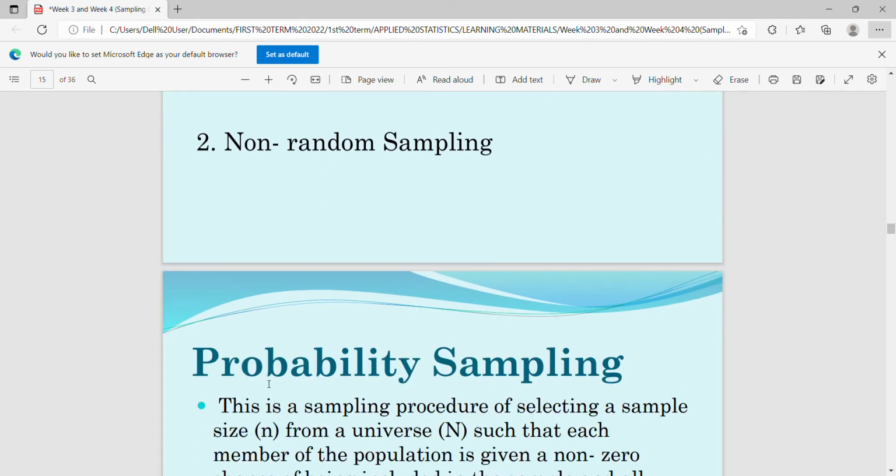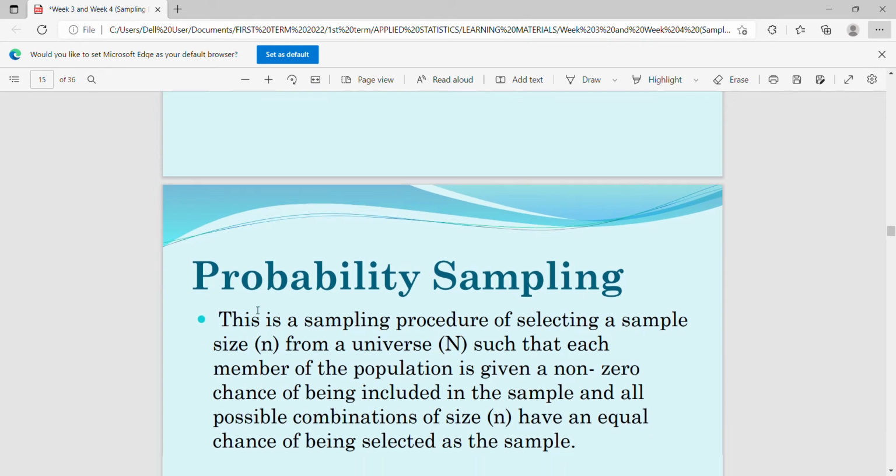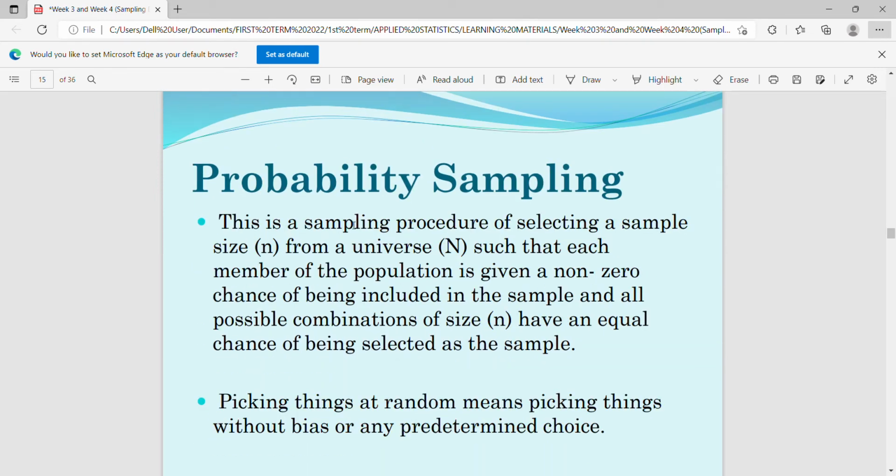When we say probability sampling, this is commonly used in research. This is a sampling procedure of selecting a sample of size n from a universe N, or the population, such that each member of the population is given a non-zero chance of being included in the sample, and all possible combinations of size n have an equal chance of being selected as the sample.